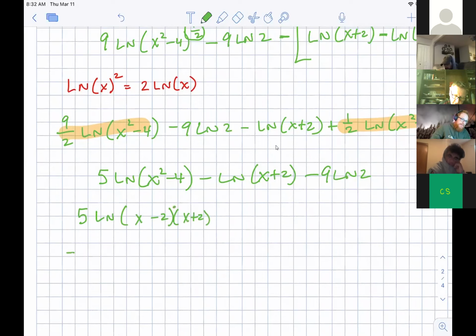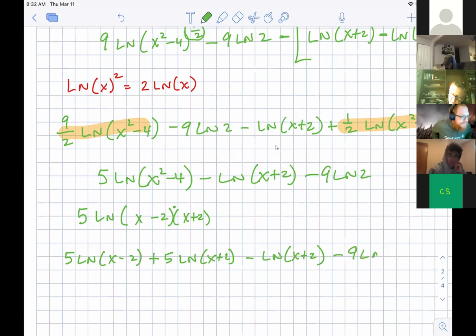And so according to the same property we talked about above, if you have natural log of junk times junk, isn't that the natural log of junk plus the natural log of junk? Isn't that true? Minus the natural log of x plus 2 minus 9 natural log of 2.